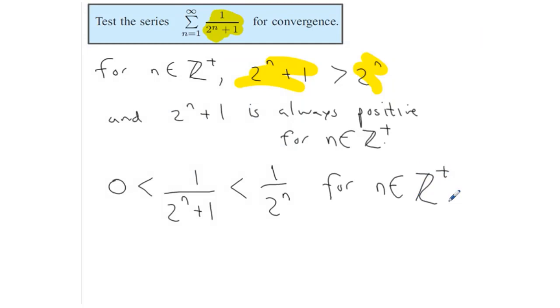Okay, so if the big one converges, then the small one will converge as well. And if the small one diverges, the big one will diverge. So we're looking to show that the small one converges, so we're hoping that the bigger series is going to converge.